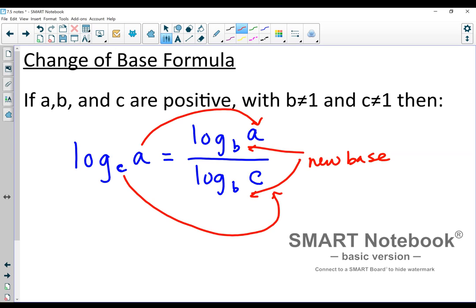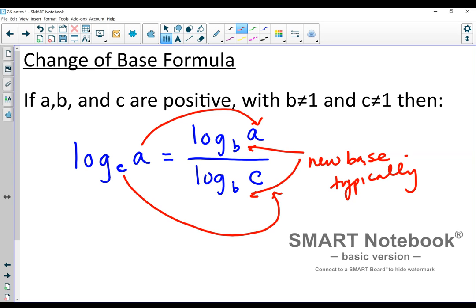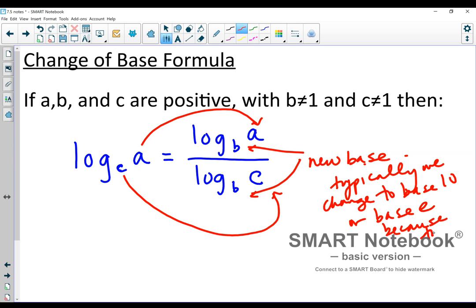So that's kind of where everything went. So what we're doing is we're really changing to a new base. Typically, we change to base 10 or base e, because then we can use a calculator.